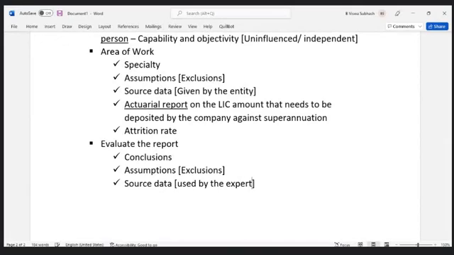So even if, let's say this is 100%, what if they are reporting only on 30%? They have also gone by a sample and they have reported on that. So the reason again we are talking about the source data and assumptions is because we need to see what is given by the entity and what the expert has considered and reported. So that is basically the information.